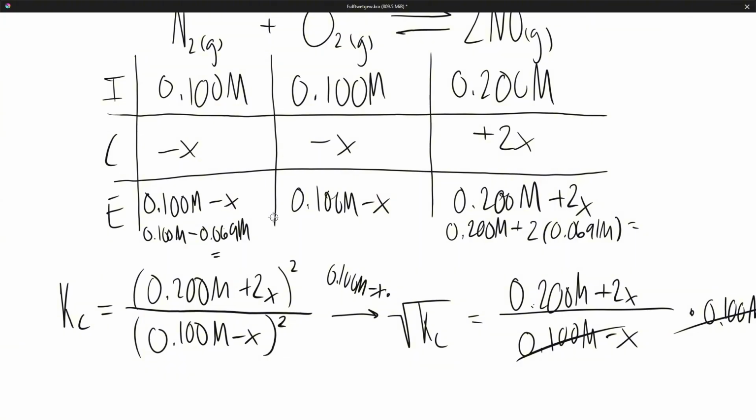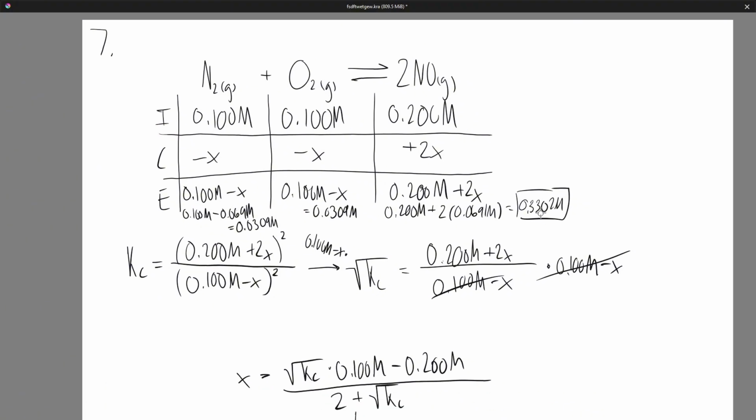So our equilibrium concentration should be 0.0309 molar. Same here, 0.0309 molar. And here for the nitrogen monoxide, it should be 0.3302 molar. That's what the problem is asking us to find, the equilibrium concentration of NO.